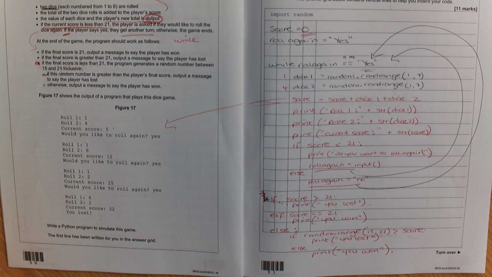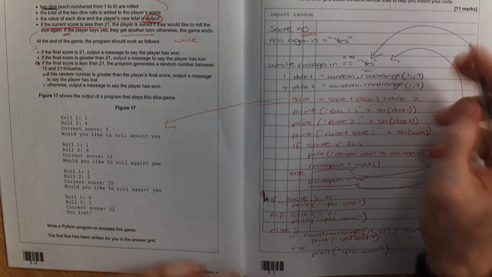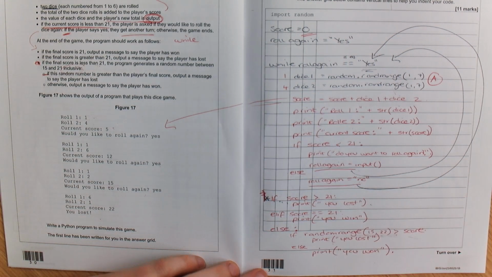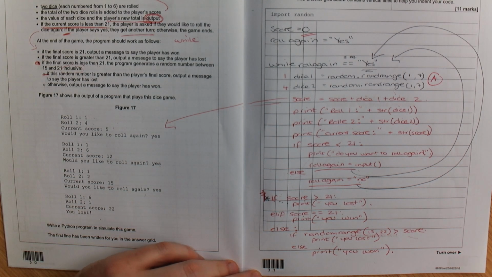So in terms of where the marks are coming from, you should see on the mark scheme that I've given you a copy of, where you get part A's. You can see they give you a mark for attempting to generate the two random numbers. There's also a mark for selection to check the current score against 21.